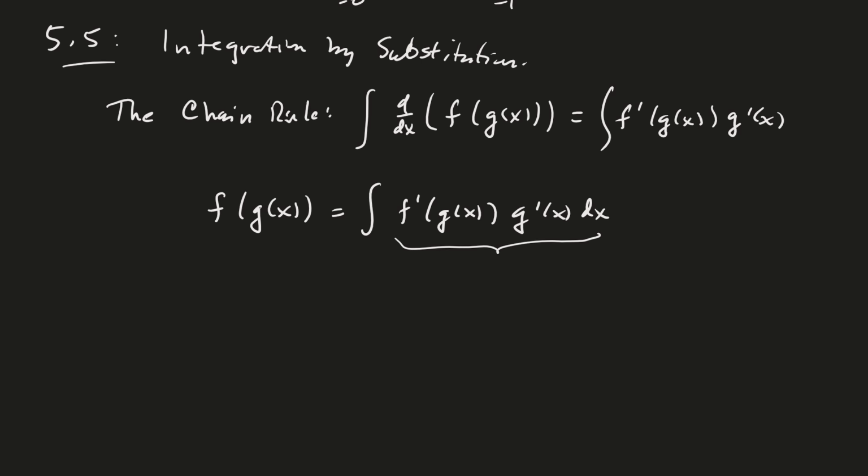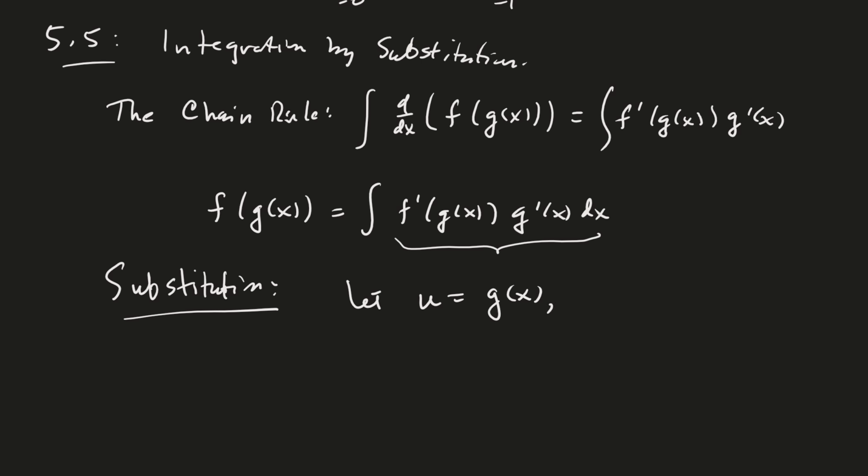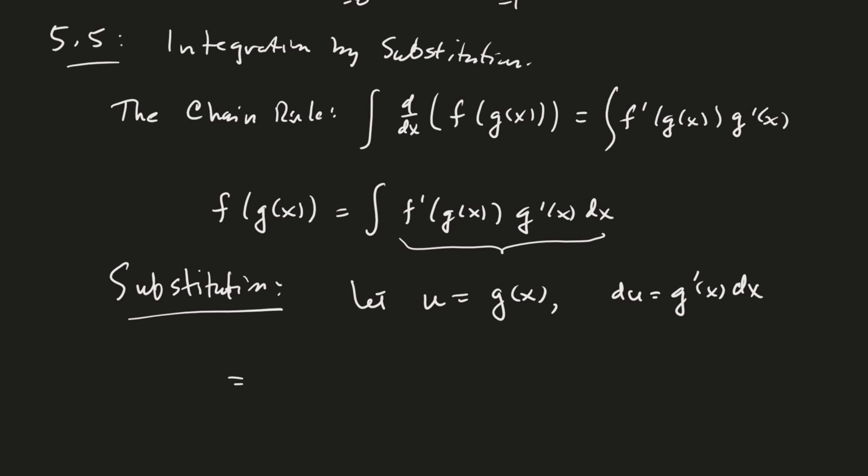So the way we do this is we usually make some kind of a substitution. If we see a composition like this, we let u be equal to g of x. And then we need our differentials for the integral, so that du is equal to g prime of x dx. And then if I make these substitutions into my integral, let me rewrite the integral down here.